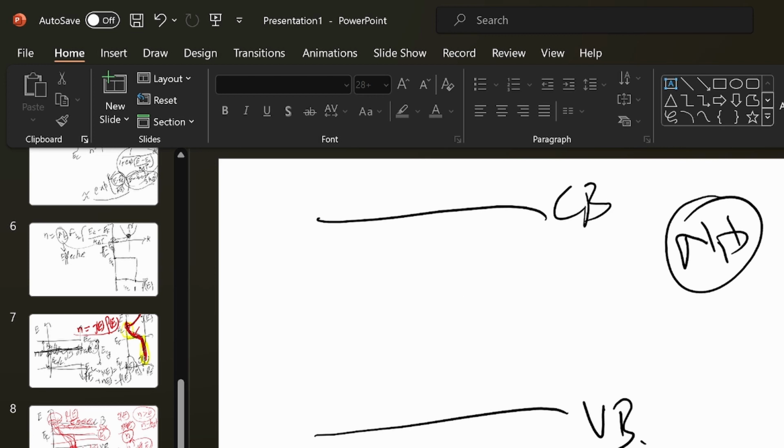This is kBT, the thermal energy at room temperature, which is 0.026 electron volts at 300 Kelvin.